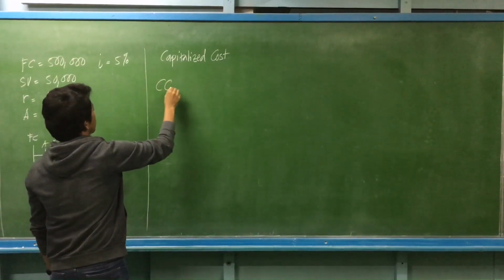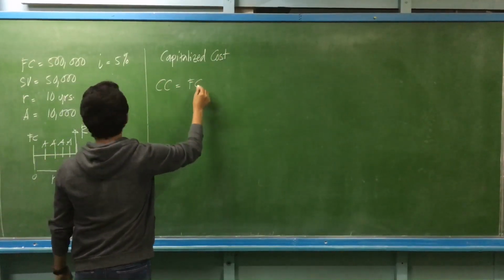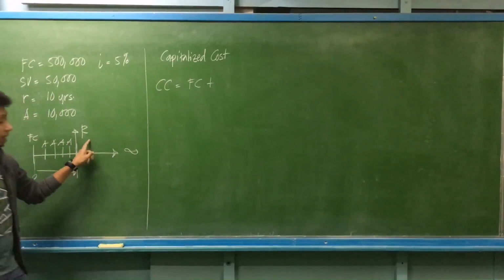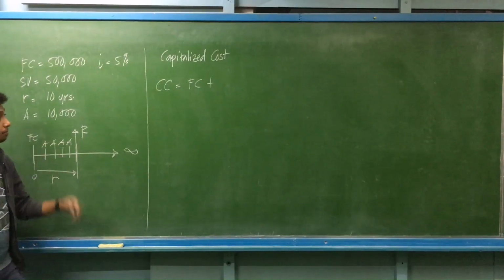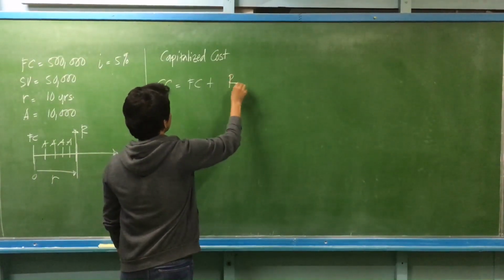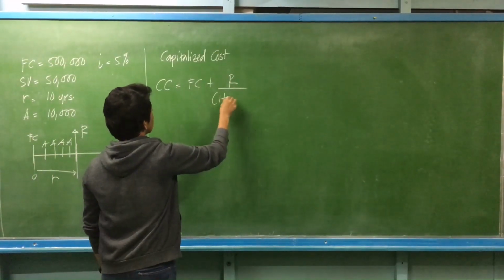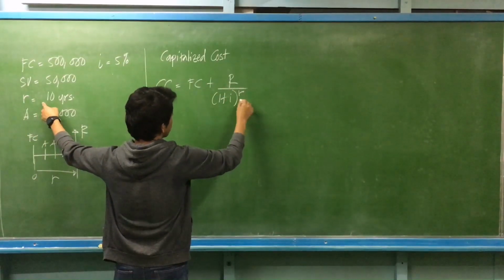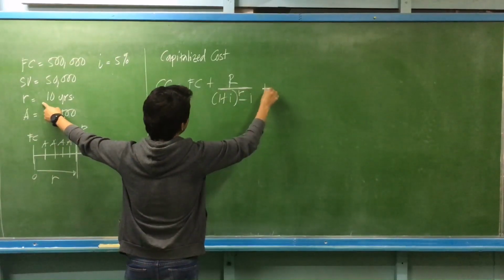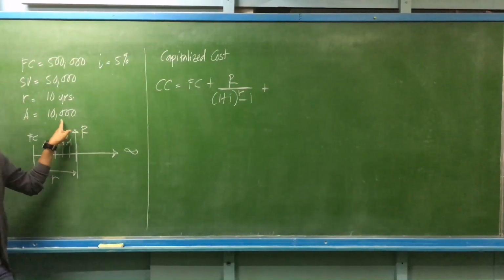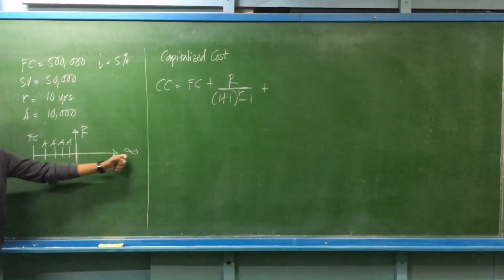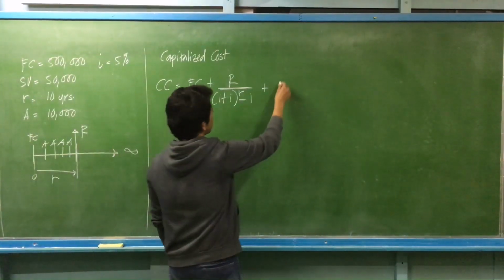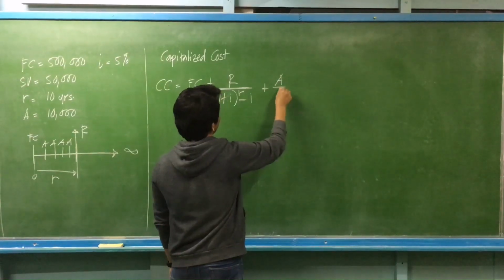So let's say that is CC, that is equal to your first cost, plus, magkano yung kailangan mo para makabili ng panibago, that is R, divided by 1 plus i raised to, kung ilang years, raised to R minus 1. Plus, we have an annual maintenance, kapareho lang nito kung up to infinity, kapareho lang yun sa concept ng perpetuity. Perpetuity, present amount, is A over i.